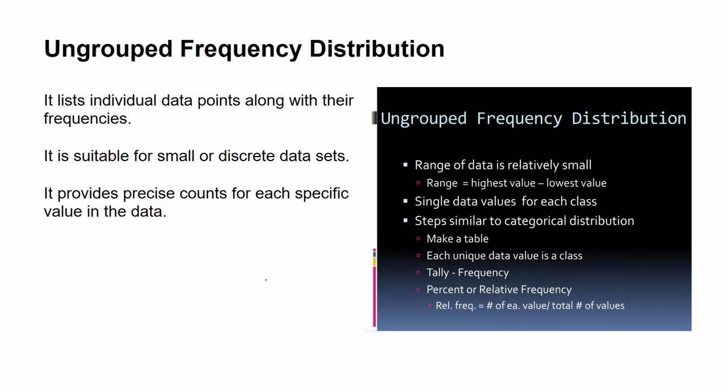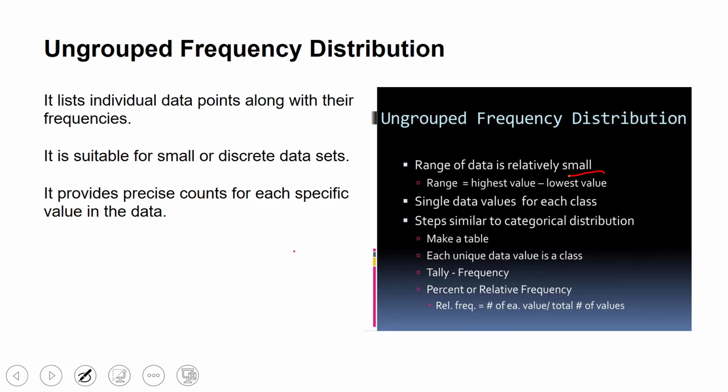So as we can see, ungrouped data, ladies and gentlemen, applies when the range of the data is relatively small. And usually the range is taken from the highest value to the lowest value. There is a single data value for each class. The steps are similar to the categorical distribution.